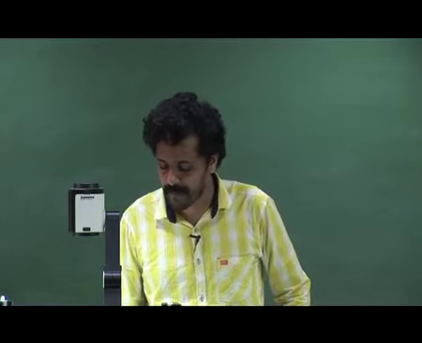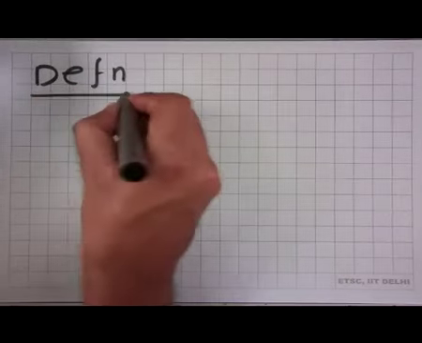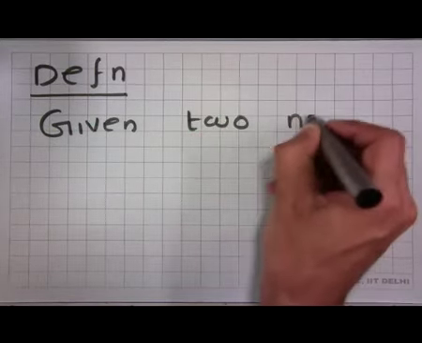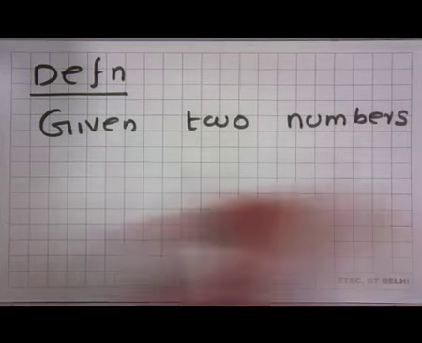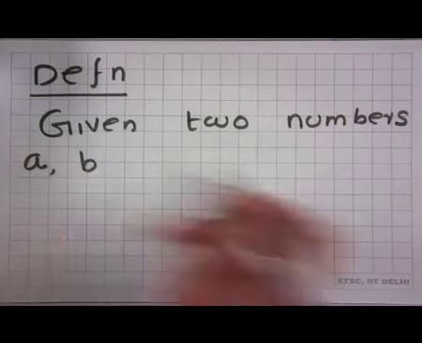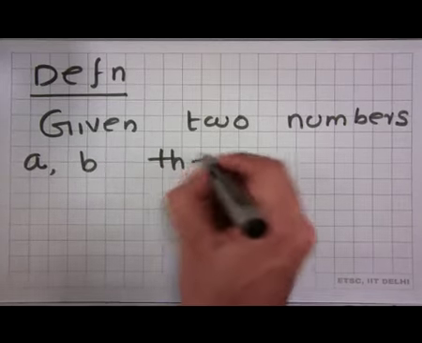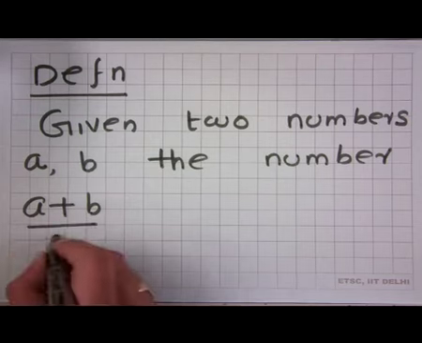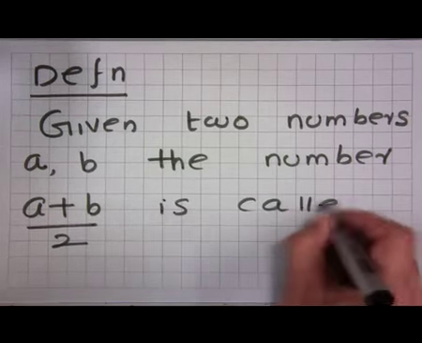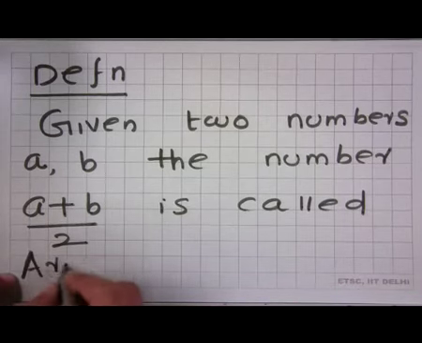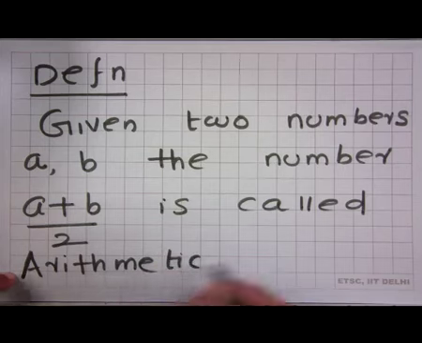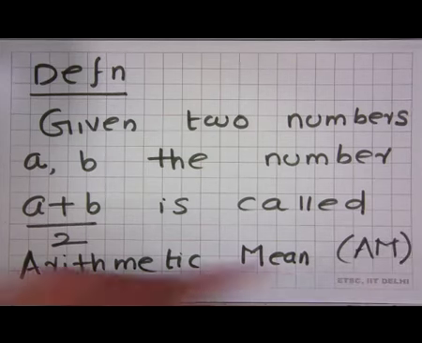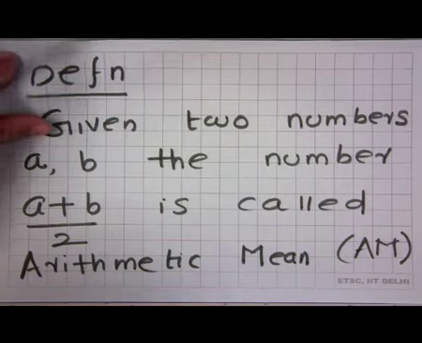Let us make a definition here. Given two numbers small a and small b, the number (a plus b) by 2 is called the arithmetic mean, AM for short, of a and b.